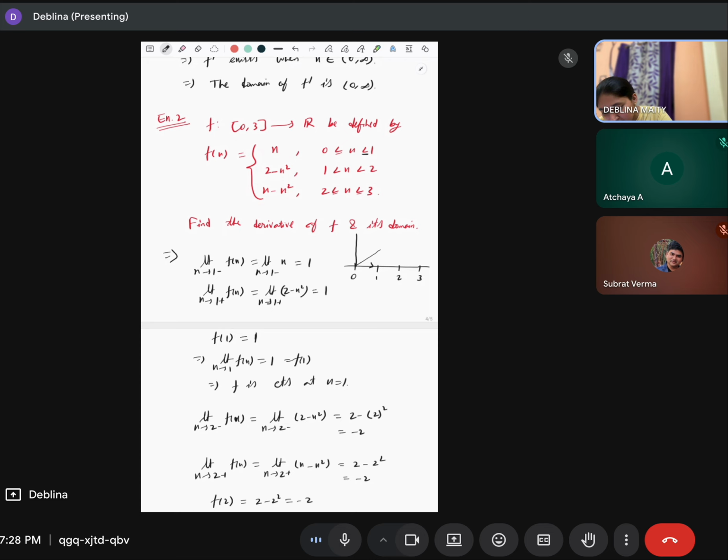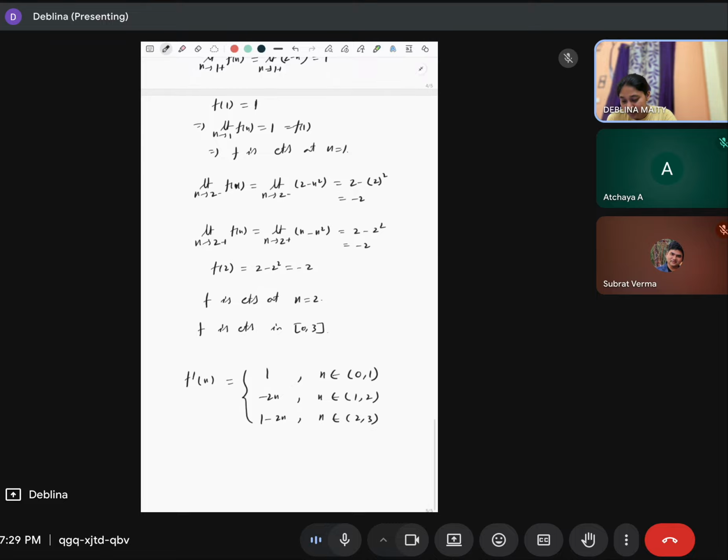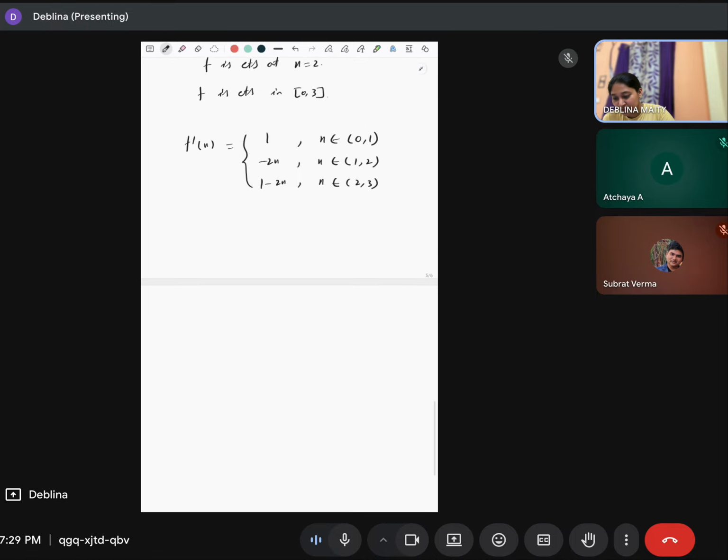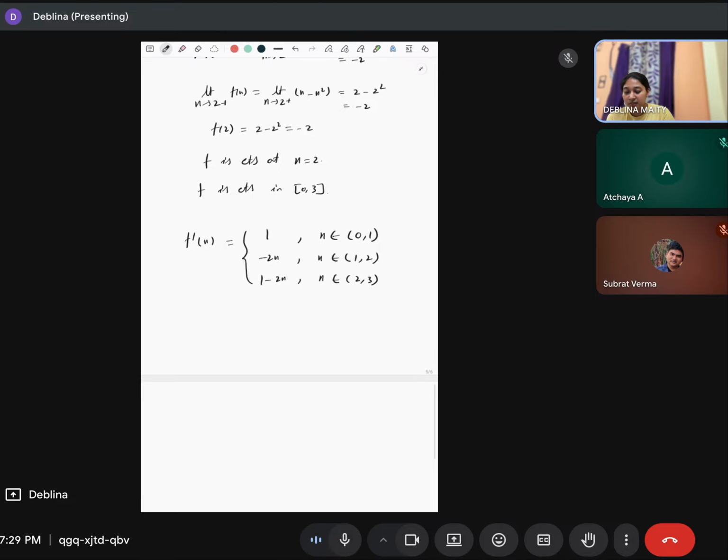It will be something like this, and this is x minus x square, so it may be like this because it is continuous. Right, now we have to check at the points 1 and 2. So f dash is 1 minus 2x when x belongs to 2 to 3.